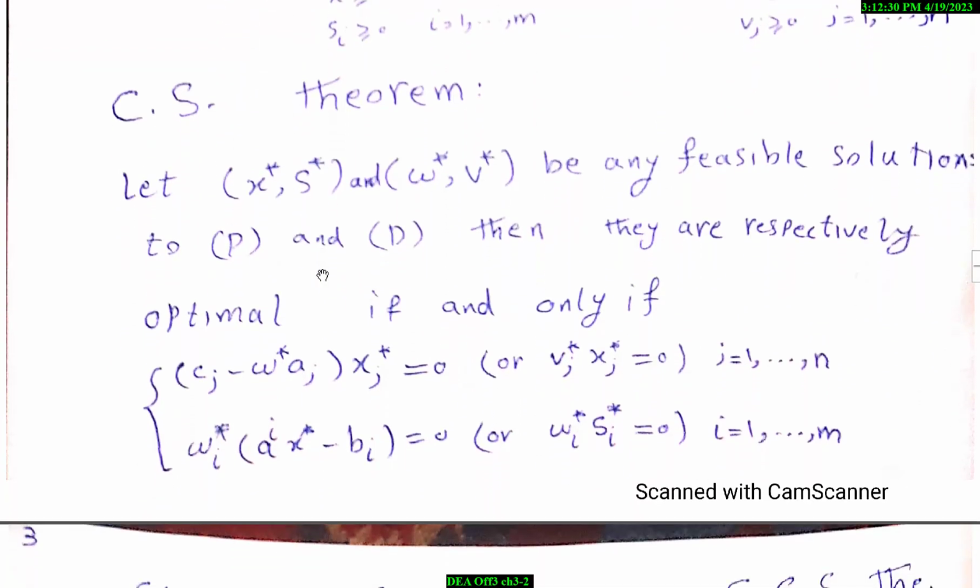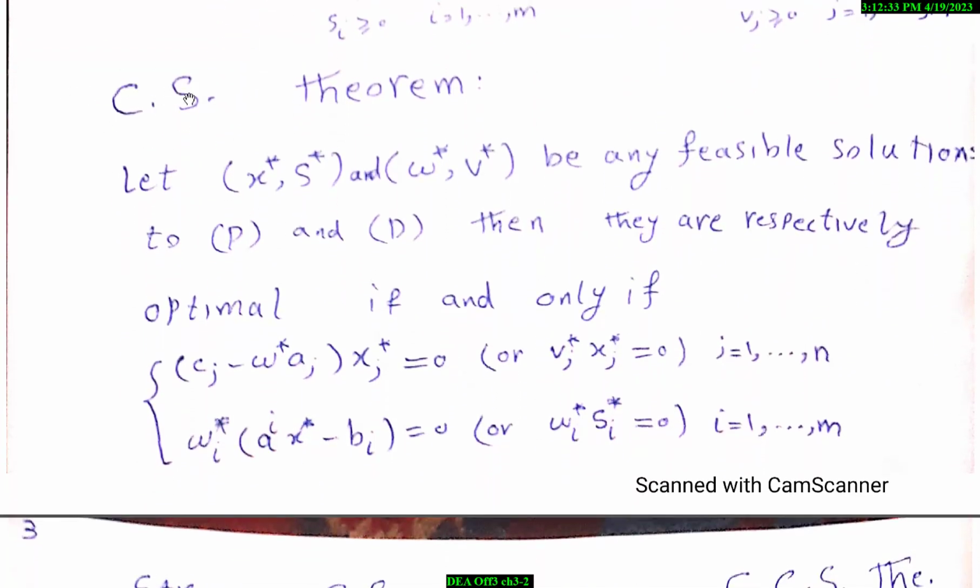As you know from linear programming, we have the complementary slackness theorem, which says let x star and s star and w star and v star be feasible solutions to P and D, which means this one is for primal and this one is for the dual. Then they are respectively optimal if and only if these conditions, named complementary slackness conditions, are satisfied.